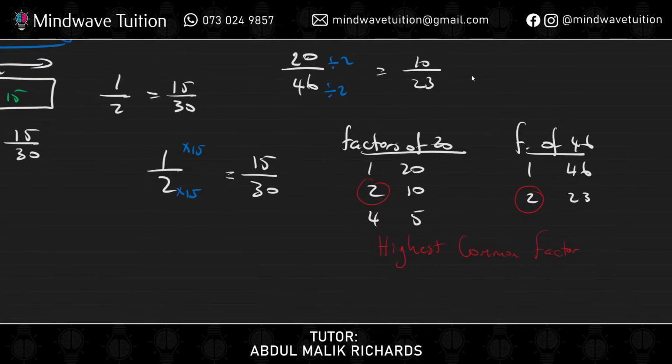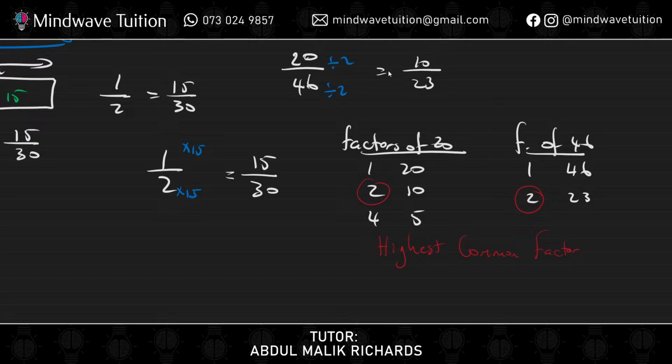And we'll do some more of the equivalent fractions when we get into the calculations. So that is equivalent fractions. We can scale up, so multiply, or we can make smaller by dividing by 2.